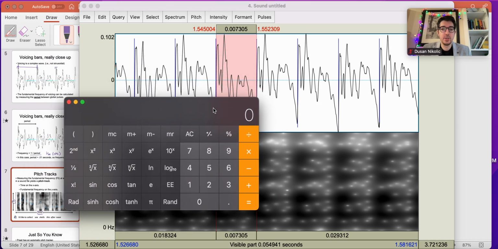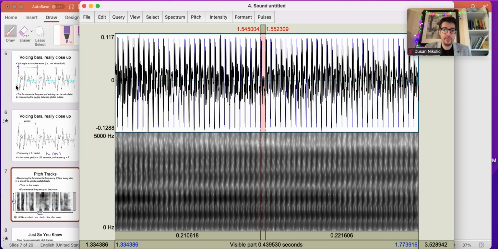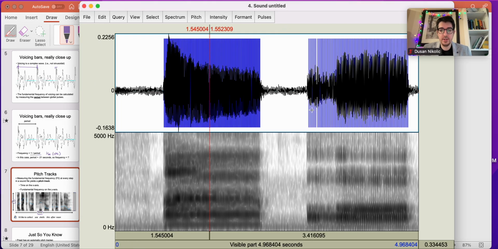Okay, so the calculator in this case, 1 divided by 0.007 is equal to 142. So my frequency on this one is around 142, and for this one to the right it is 100 hertz, right? Or the majority of this one, like this part here and this part here.